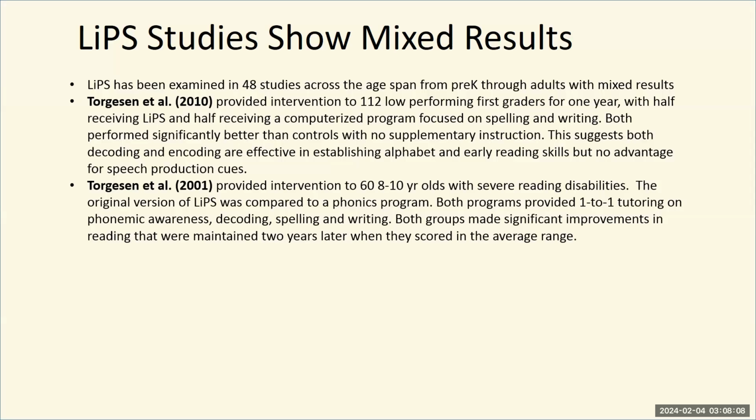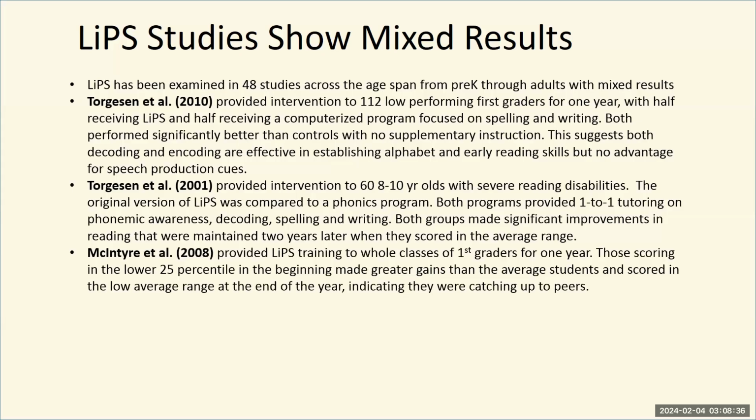Both programs provided one-to-one tutoring on phonemic awareness, decoding, spelling, and writing. Both groups made significant improvements in reading that were maintained 2 years later when they scored in the average range. So again, LIPS with its cues to speech production was as effective as a different phonics program, but didn't show any particular advantage.